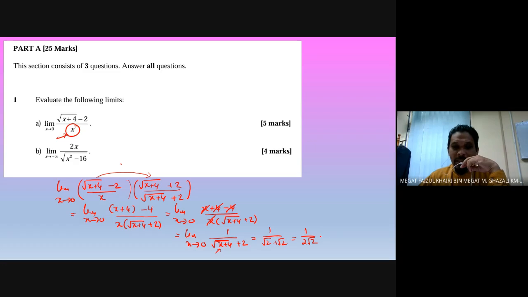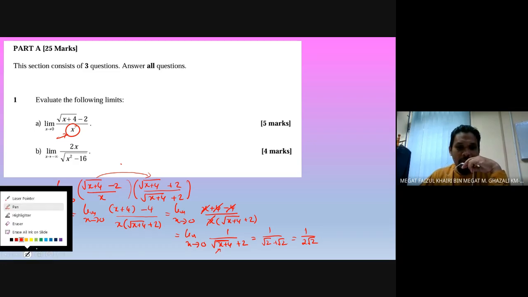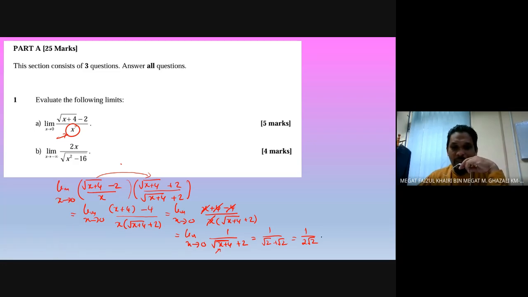Okay, so class, for this one, you may multiply by square root of 2 over square root of 2, to eliminate the surd here. So you come up with square root of 2 divided by, okay, square root of 2 times square root of 2 gives you 2. So 2 times 2 equal to 4.